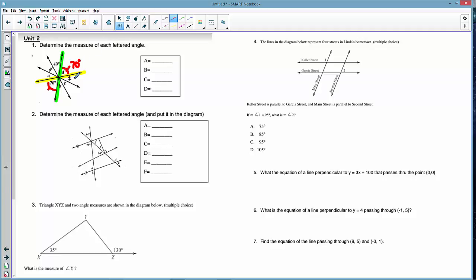You then can say, this is a little tough here, but you can say all the way, watch this, I'll use a different color and I'll use a highlighter too. So you can say from here all the way to here is 180 degrees. Okay, it's 180 degrees. And so far, that 180 degrees has the following angles. It has some angle that's congruent. We'll call this x. Then it has this 40 piece right here, so plus 40.